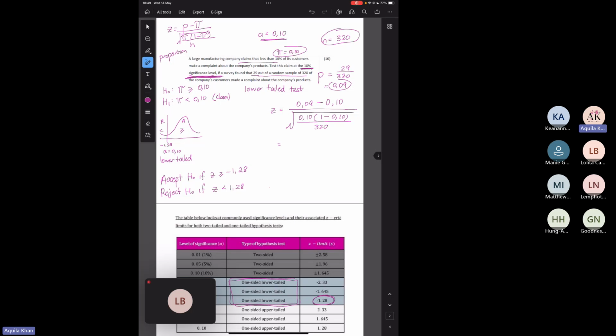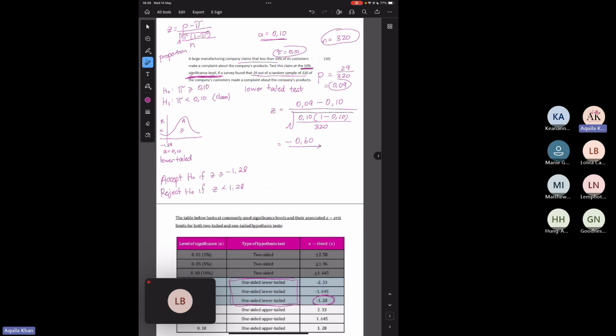So this then on your calculators is going to be minus 0.60. And now for step 4, we're going to compare that to your region of acceptance and rejection.